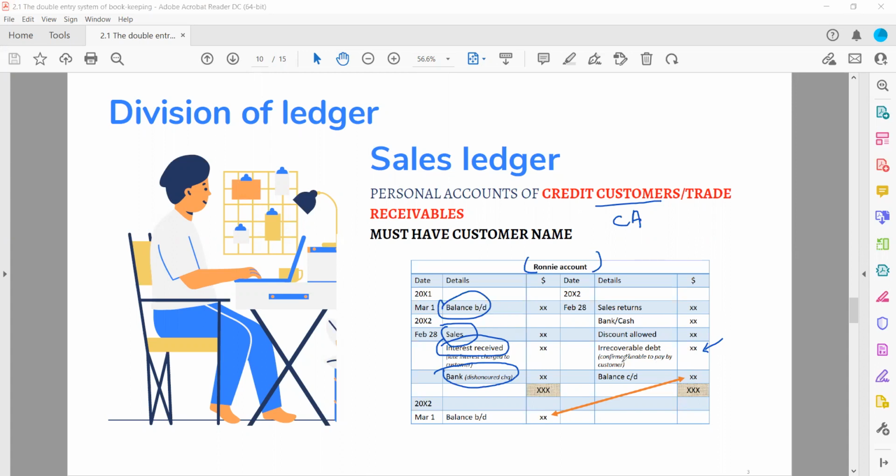It's a loss to the business. So all the items in the detail column, please try to memorize for the sales ledger or trade receivable account, because on the debit side and the credit side, the details are fixed. In the exam, they change only the date and the value. The detail normally will not change, it is the same.